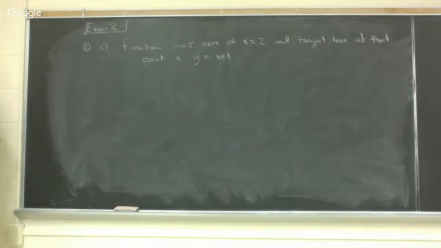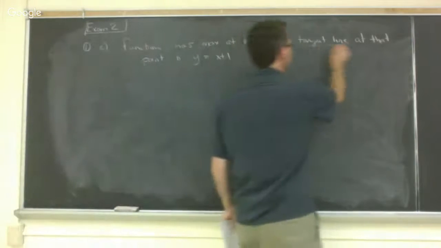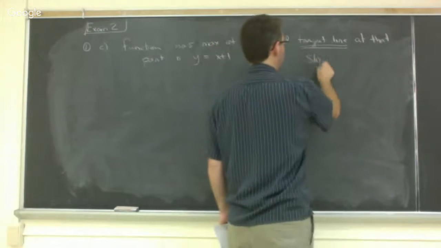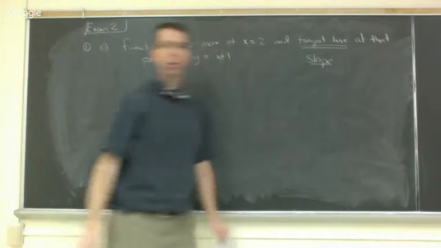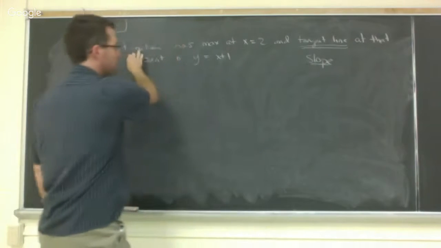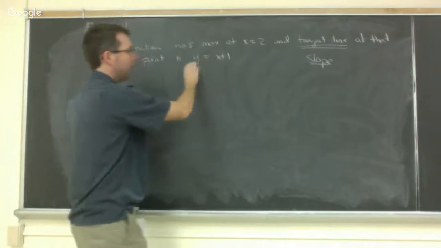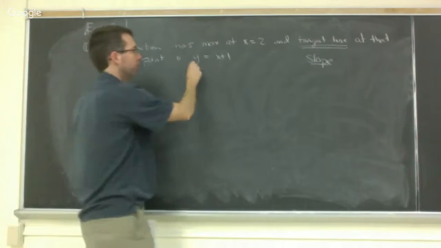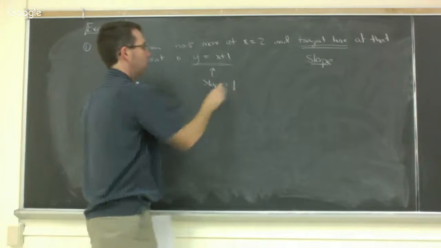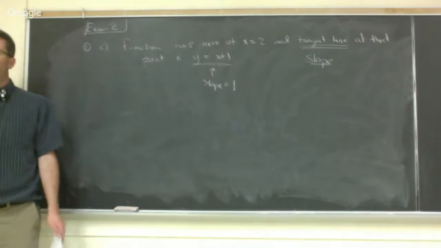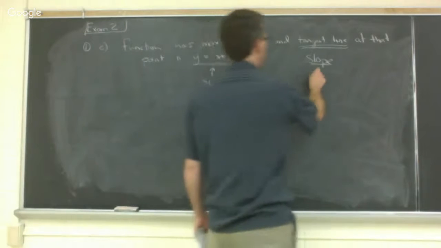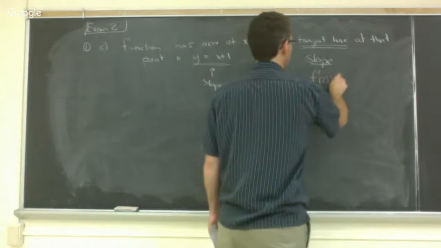Now, when I see tangent line, you should always think slope. The tangent line slope has to match the slope of the function. And so what's the slope of my tangent line? In mx plus b form, it's 1x plus 1. So my slope is 1. That means that f prime at 2 equals 1.